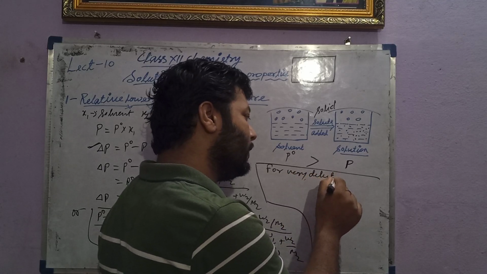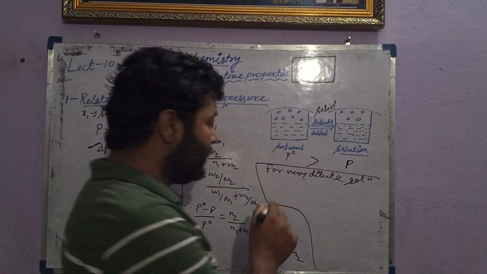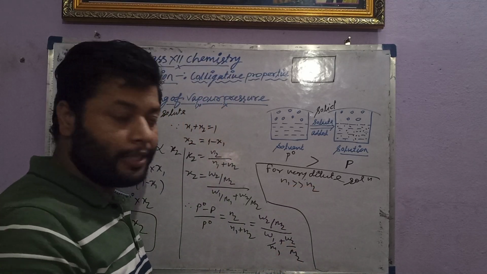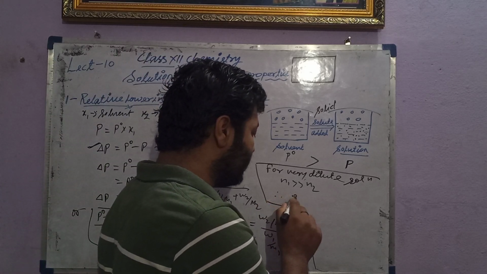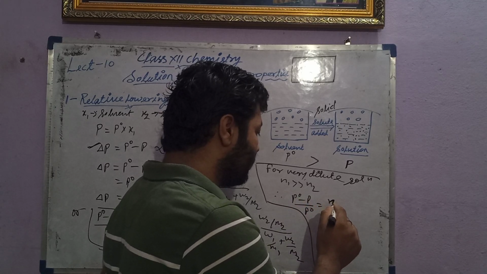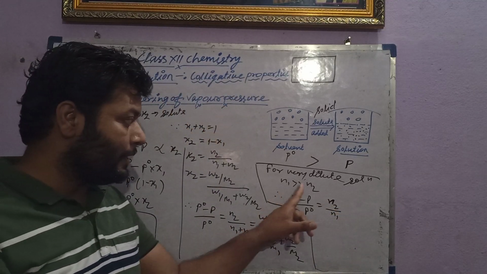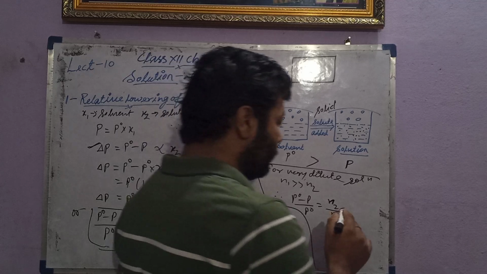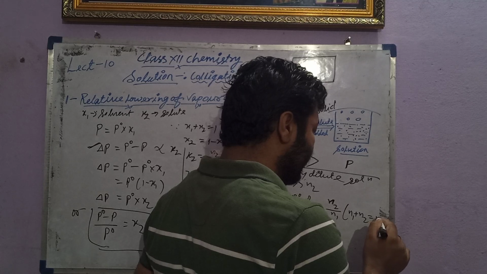For a very dilute solution, n1 is very large compared to n2, then the same formula can be written as P naught minus P upon P naught equals n2 upon n1, because in n1 plus n2, the n2 can be neglected here. So n1 plus n2 can be written as n1.